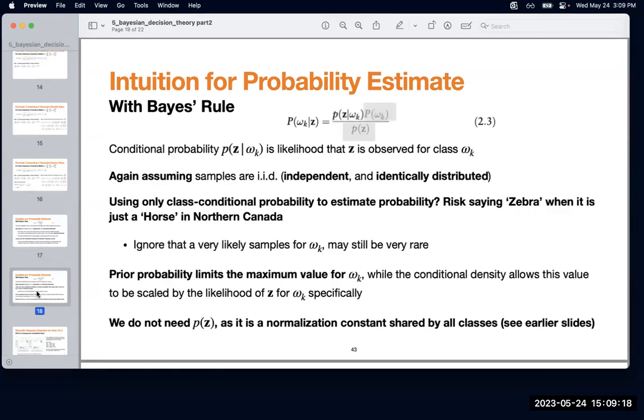So next, I want to estimate now my likelihood. So the likelihood is P of Z given omega K. So again, recall that Z is our input and omega K is our classes, our labels. So the likelihood is the probability of the input given a class. And that's what we want to estimate next. So now we are coming from an assumption that our models are modeled based on a Gaussian.